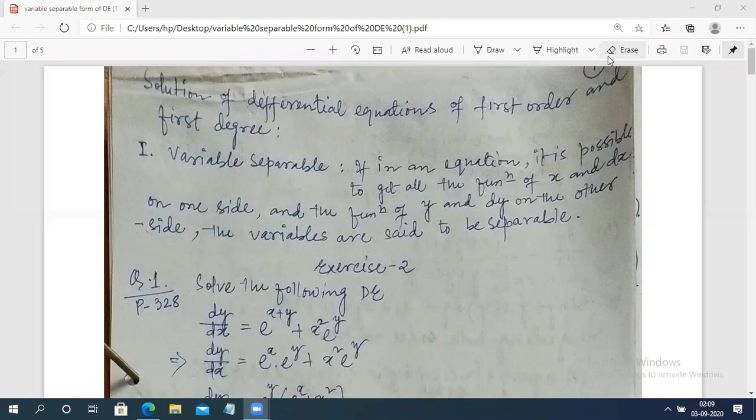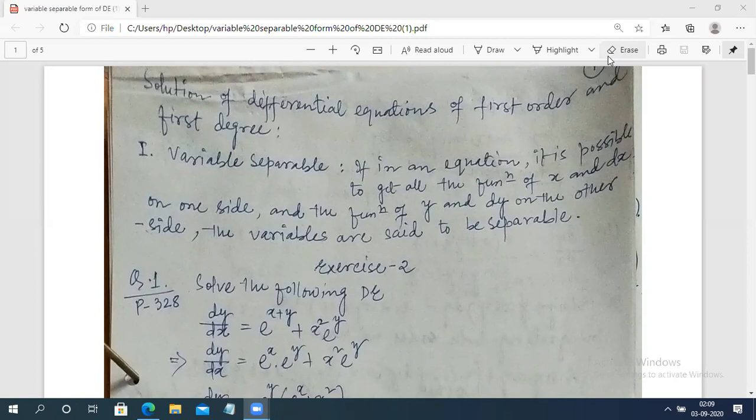Now what exactly is the variable separable method? Basically, solving a differential equation means integration, and to integrate a function we need to separate the variables, that is, the function of x and dx on one side, and all the function of y and dy on the other side, because we cannot integrate a function of x with respect to any other variable.